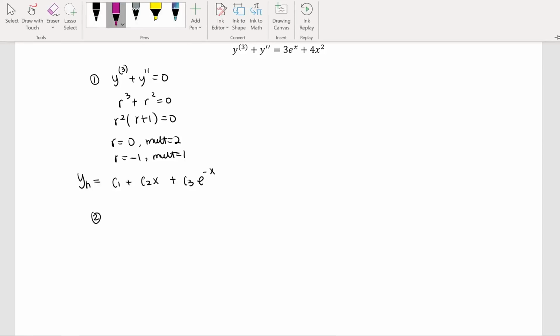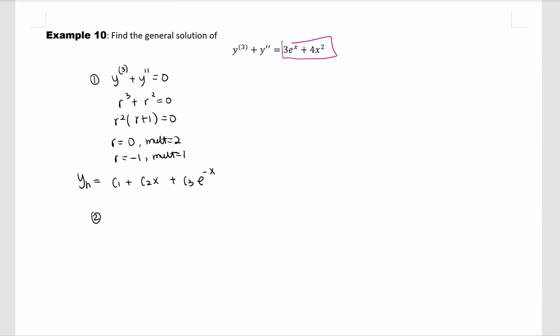So for yp, we look at the right-hand side. This guy corresponds to r equals 1 with multiplicity 1. This guy is a polynomial, so it corresponds to r equals 0 with multiplicity 3. So the general setup for it is a e to the x, and then the polynomial, b plus cx plus dx squared.